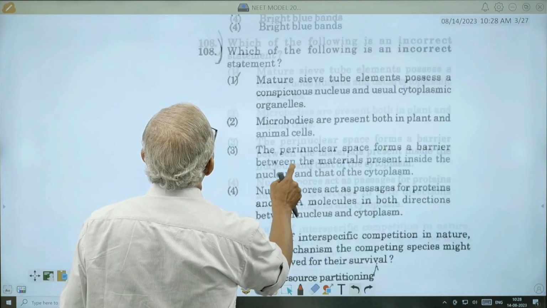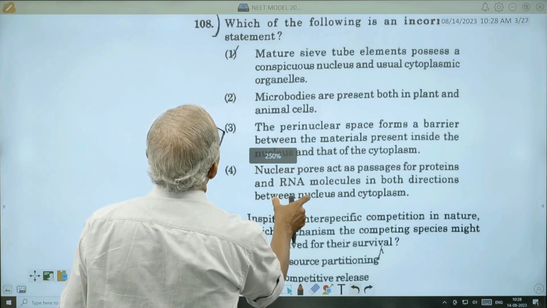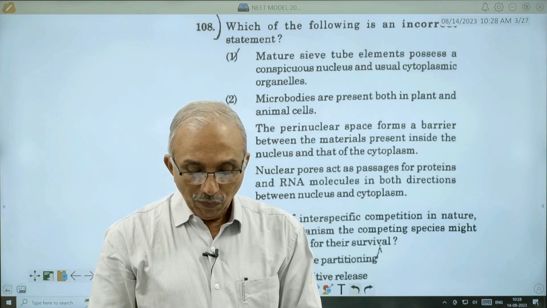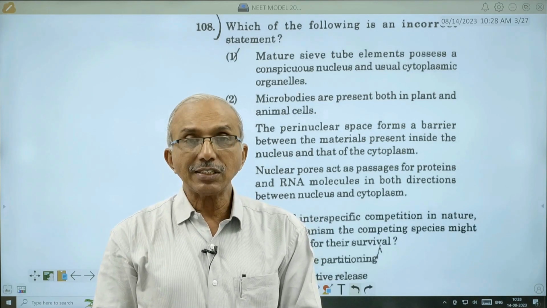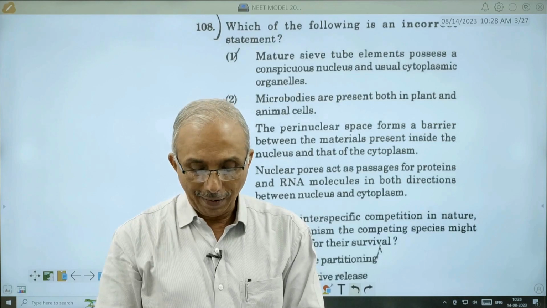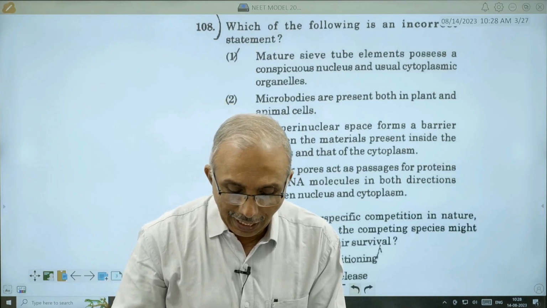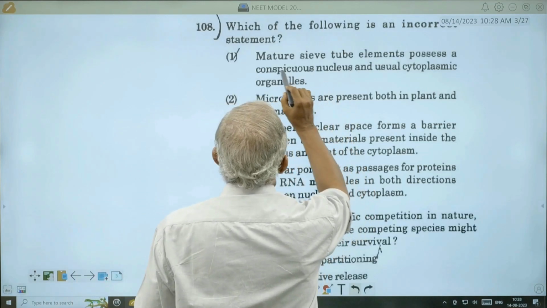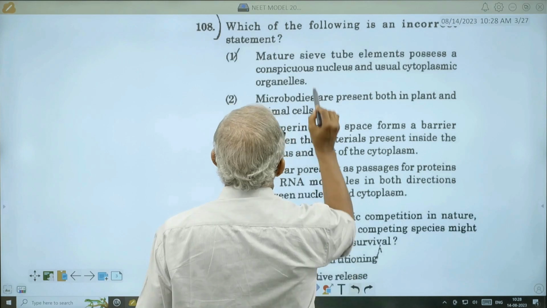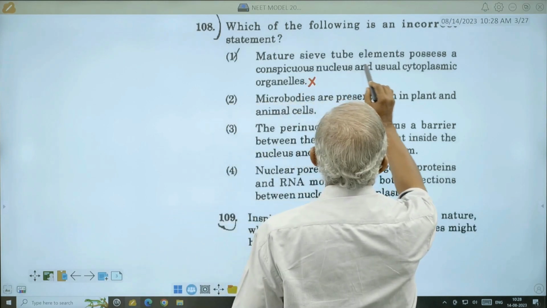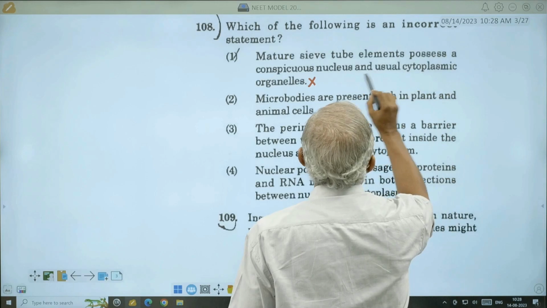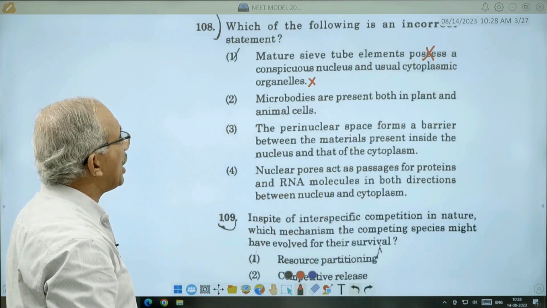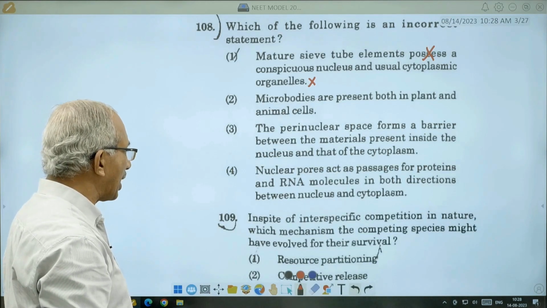Next question. It is question number 108 of botany part. Which of the following is an incorrect statement? First statement is incorrect. Mature sieve tube elements possess a conspicuous nucleus and usual cytoplasmic organelles.